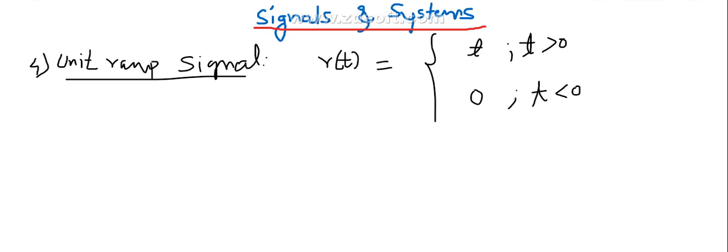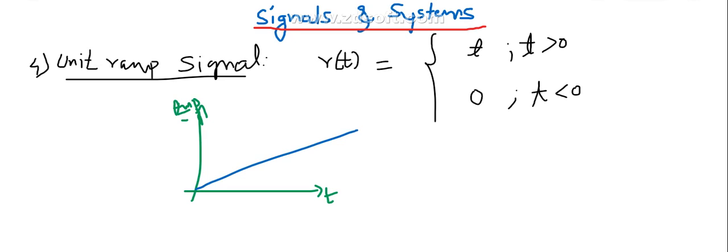How do you represent this signal? Let us consider this as the time t axis, and this is the amplitude axis. As I told you in the last video, just draw a straight line which has a slope of 1.